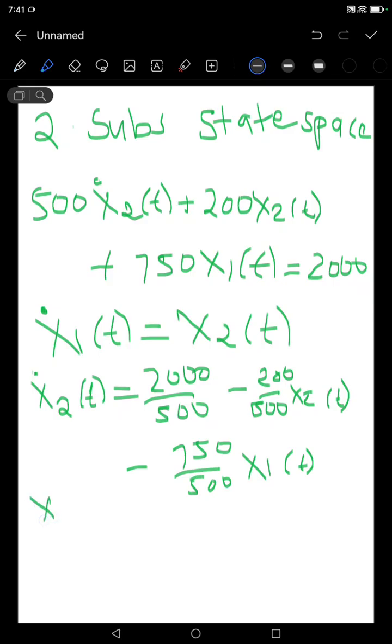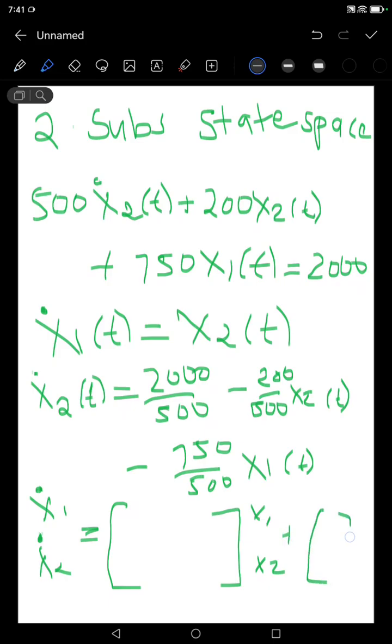And then from here we can write it in a matrix form, like this. The derivative of the state equals the matrix times x1 and x2, plus here we're going to write our forces. Now we check x1 dot. Do we have the value of x1? No, so we write 0. Do we have the value of x2?